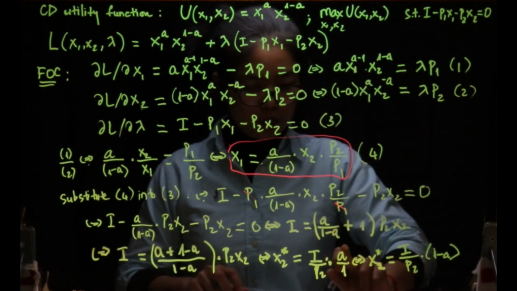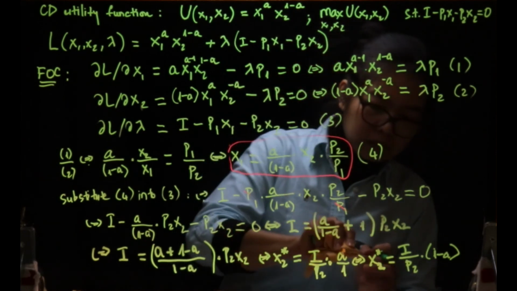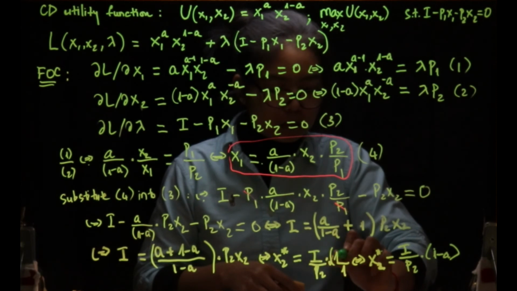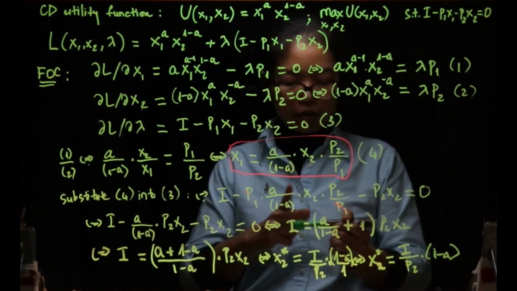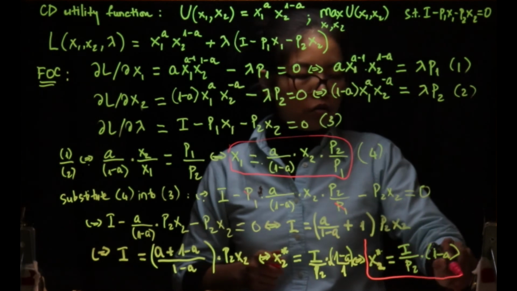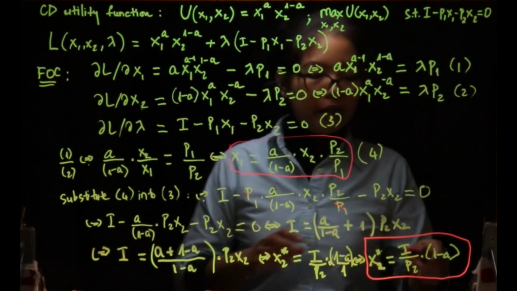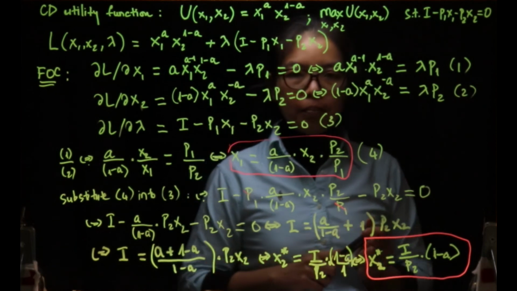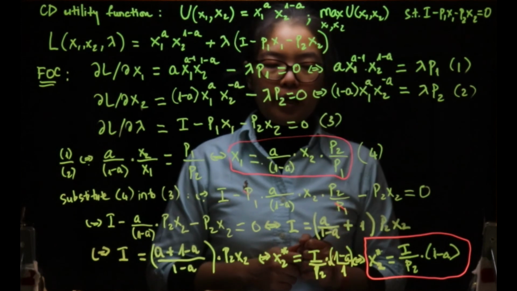Here it should be 1 minus a, not a. So this is the demand function, the solution for the optimum level of consumption of the good. At the end, we saw from the utility maximization, it's called the Marshallian demand function of the good, here x2.